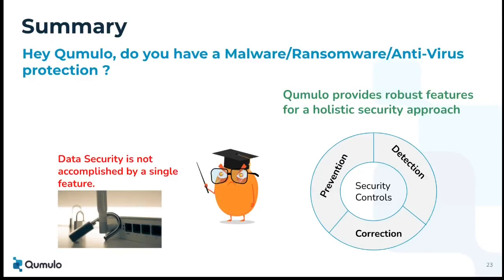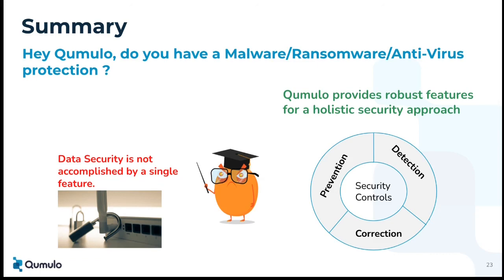So again, as a summary, I can't emphasize enough that data security is not accomplished by a single feature. It is not accomplished by turning on this knob and then you can feel secure. It's a holistic approach. You should reduce your risk surface with prevention activities, and Qumulo has a lot of features; I mentioned a couple of them in this video.